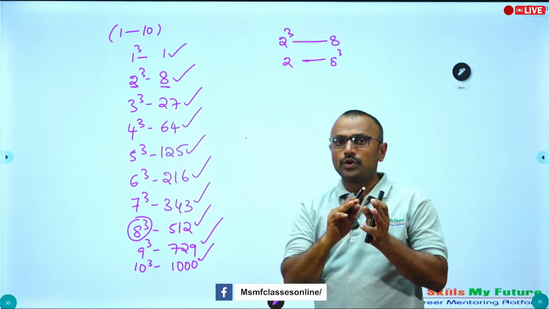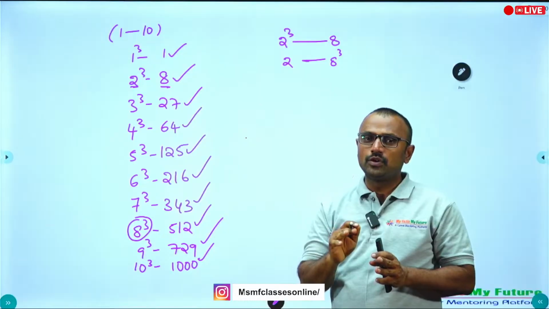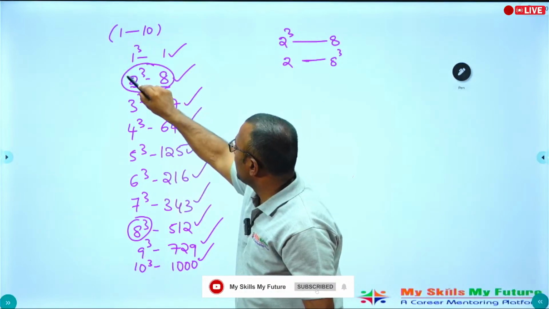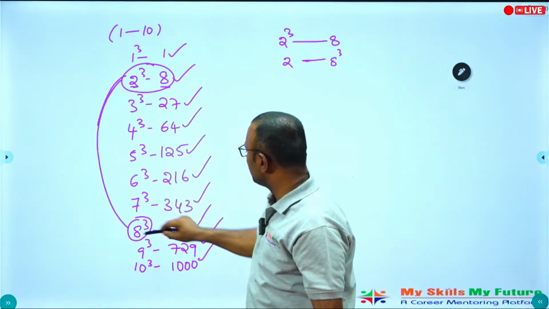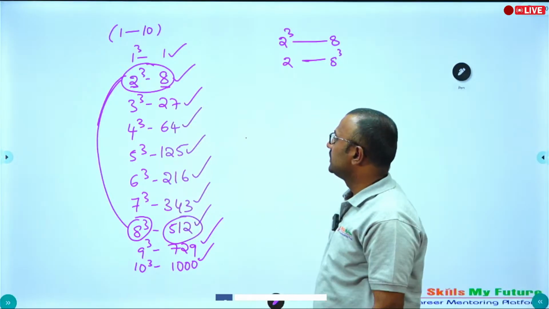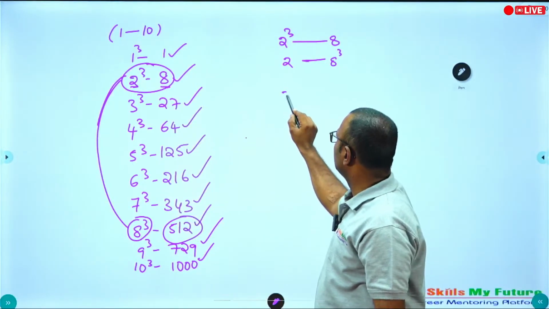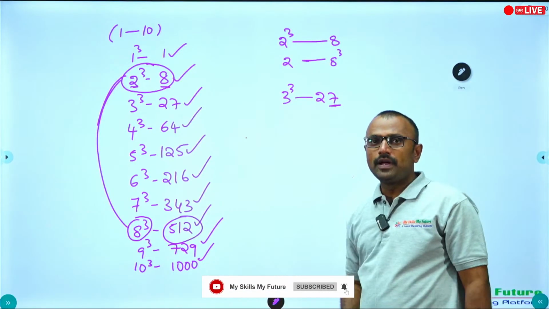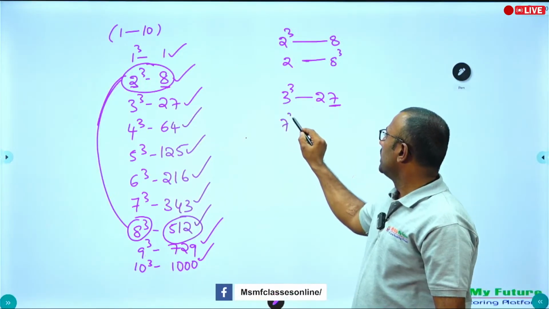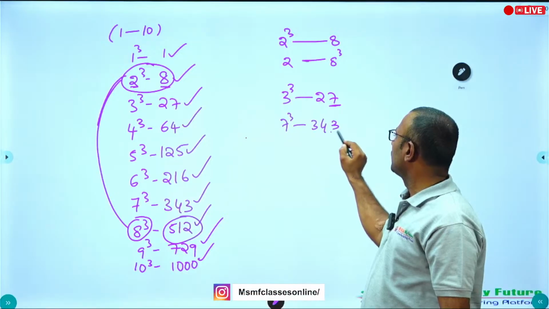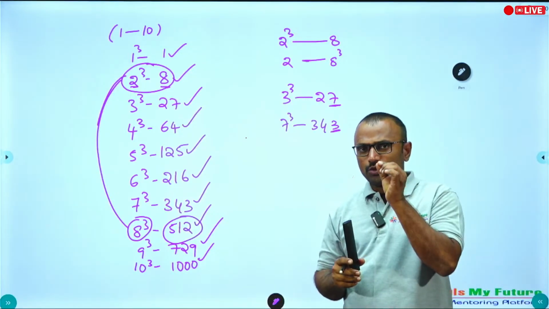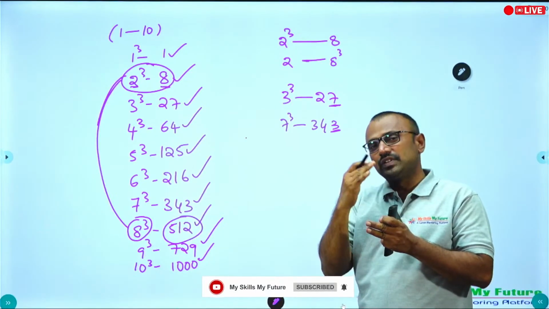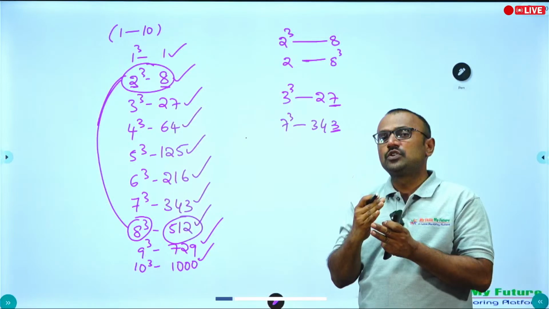So 2 cube ends with 8, 8 cube ends with 2. Next, 3 cube ends with 7, 7 cube ends with 3.